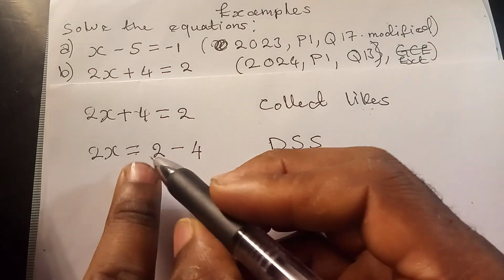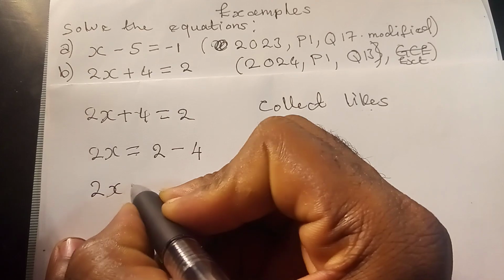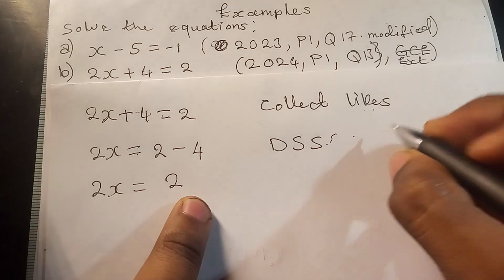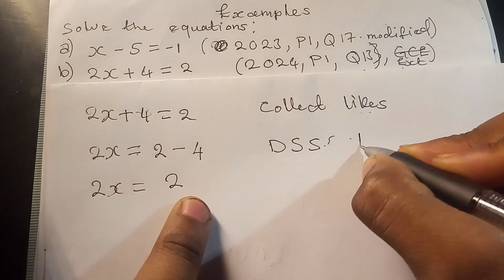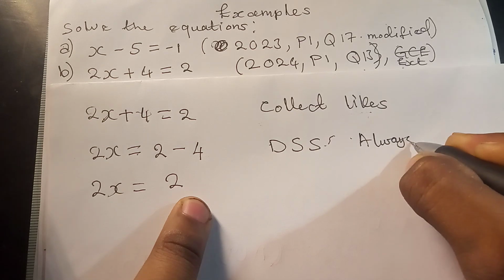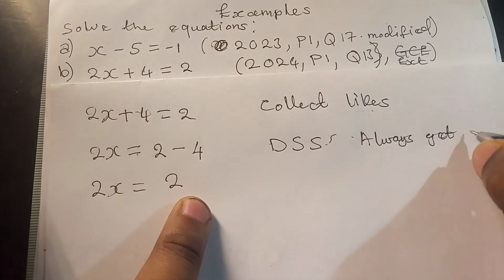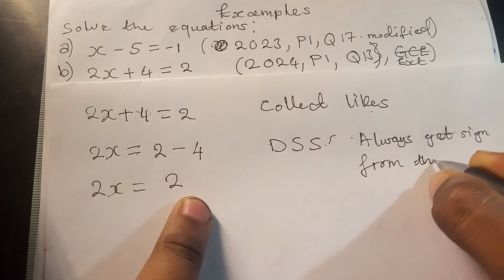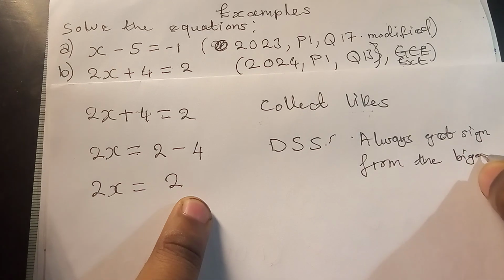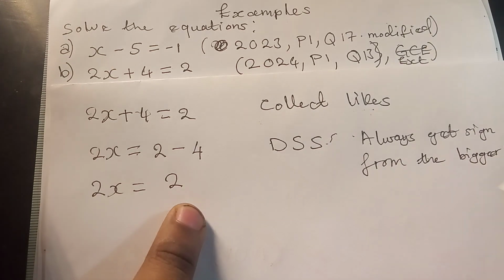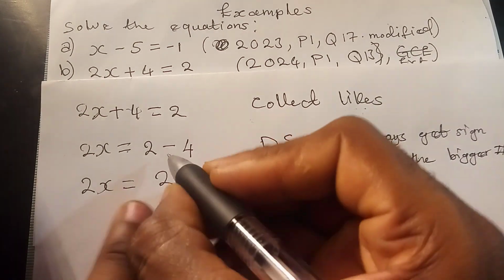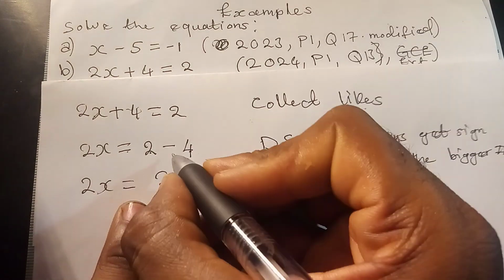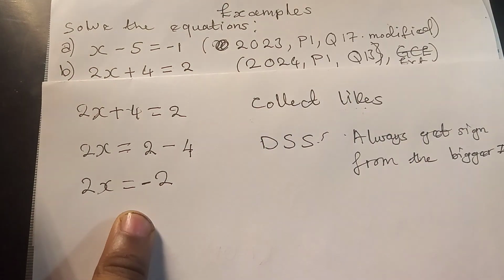So we can just say 4 minus 2, the answer is 2. But remember to get the sign from the bigger number. This is very important. You always get the sign from the bigger number. So now we have the bigger number here is 4. 4 is bigger than 2. So that means this will be a negative 2.